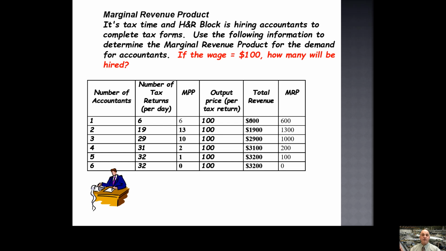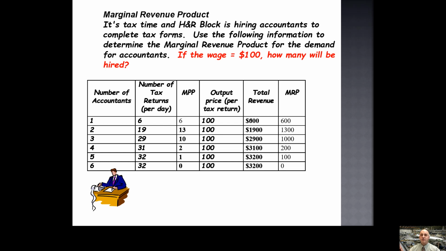Well, if the wage is $100, it would make sense to hire the third worker because they gave me $1,000 of additional revenue at a cost of $100. That makes sense. So try to remember the rules for maximizing profit in the last several chapters and see if you can apply it to this market and figure out how many workers will be hired if the wage rate was $100.